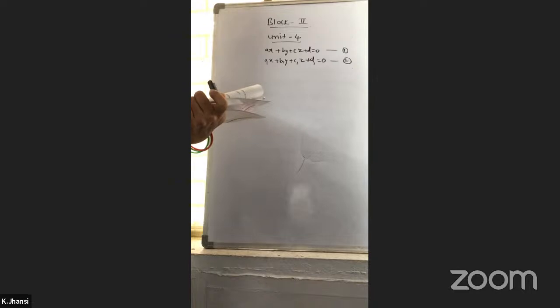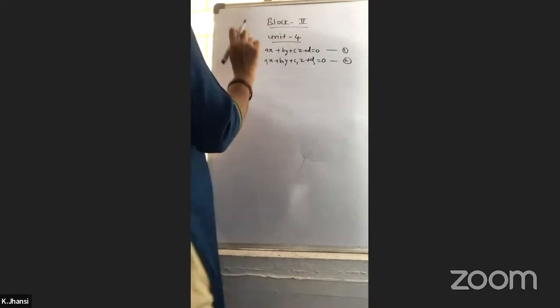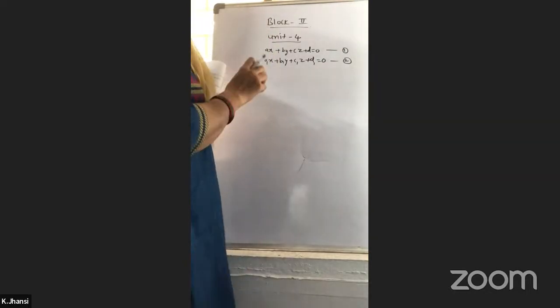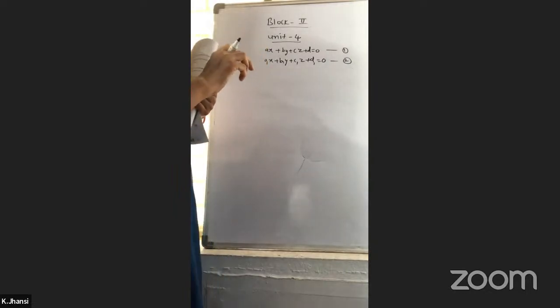If you see page number 100, you have the combination of these two equations. These equations are known as the equation of a line in unsymmetrical form. One question you will get is the transformation of an unsymmetrical form to a symmetrical form.